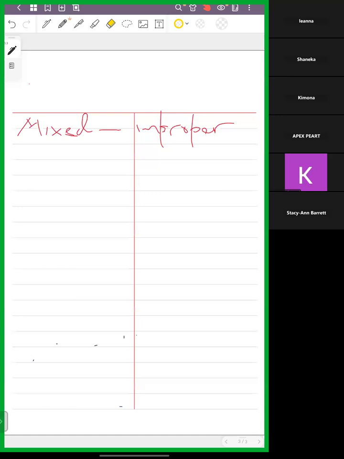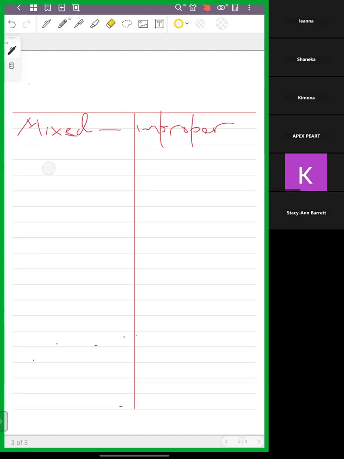All right, so we have mixed to improper. This is where we're at now. I didn't even realize that I didn't show you an example of what a mixed fraction looks like. But I'm going to make the assumption that you guys already know what a mixed number is. A mixed number is basically a whole number and a proper fraction joined together.